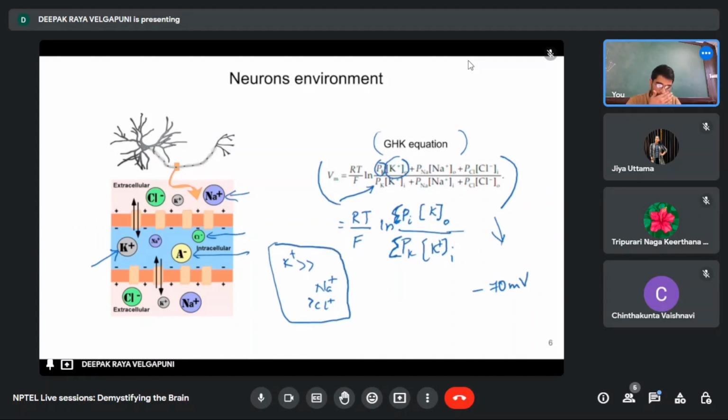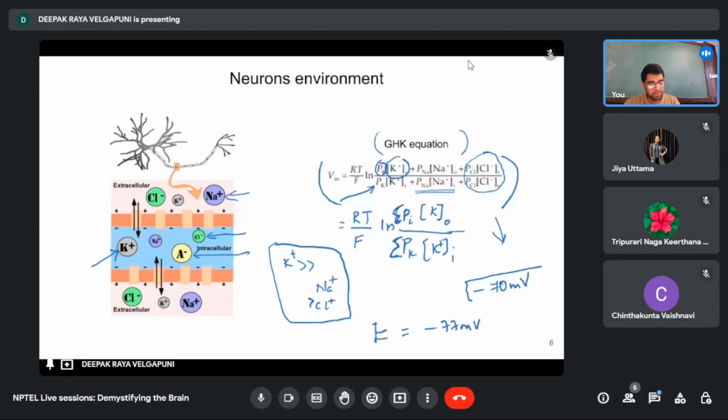Therefore, you can think of this term as negligible because of low permeability, and this is very low as well for Na plus, PNa plus. So it stays near minus 77 millivolts, which is nothing but the equilibrium potential for potassium ion.